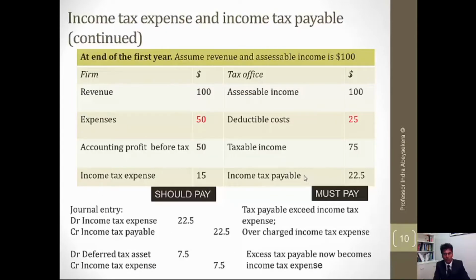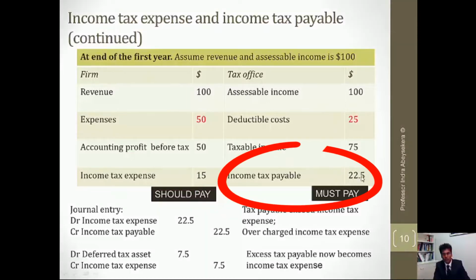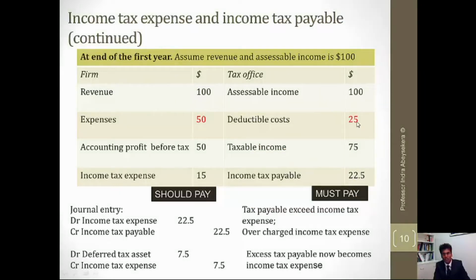So if we put it in columnar form, we can see that assuming revenue and assessable income are equal, 100, income tax expense is 15, income tax payable is 22.5 because we are deducting less cost in tax, more taxable income, more tax to be paid. We are deducting more expenses, less profit, less income tax expense. Must pay is more than should pay.